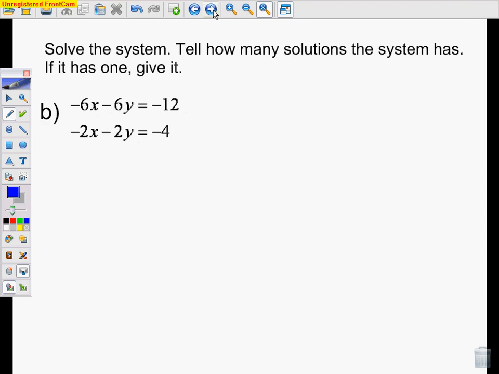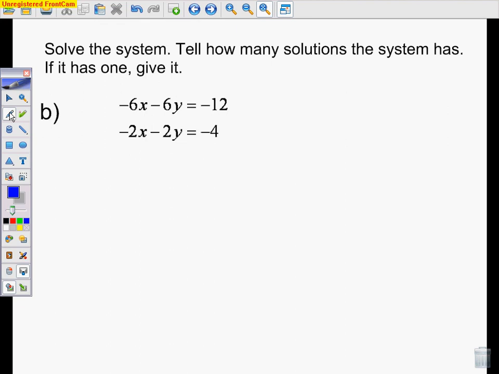Next, part B. You're going to do the same process. Are the variables lined up here? Yes. If you add down, does anything automatically eliminate? No. Now, if you take a look at this negative 6x, what cancels with a negative 6x? A positive 6x, right? So what would I need to multiply negative 2 by to get positive 6?